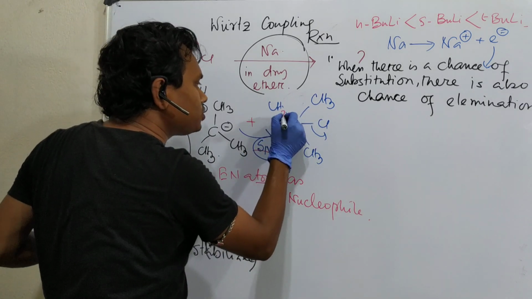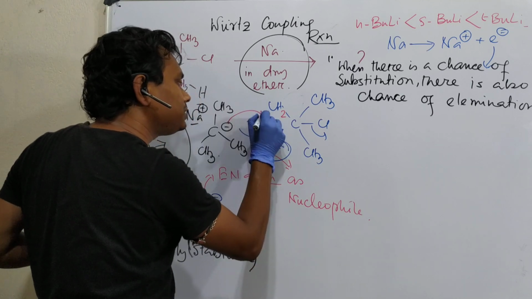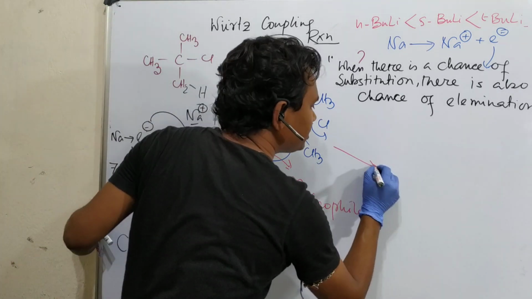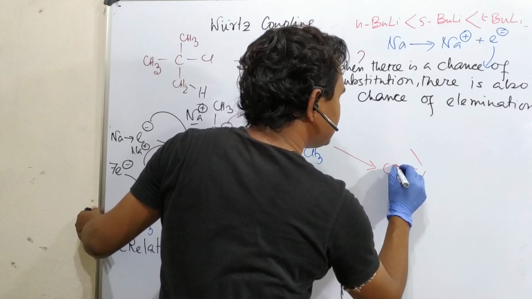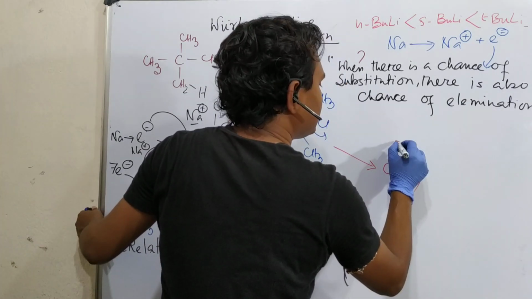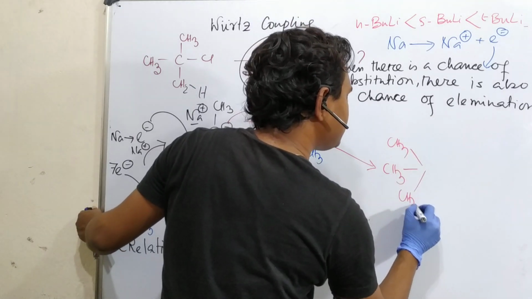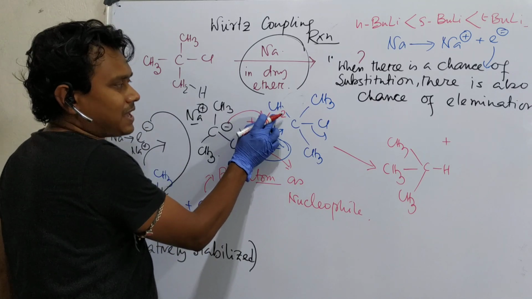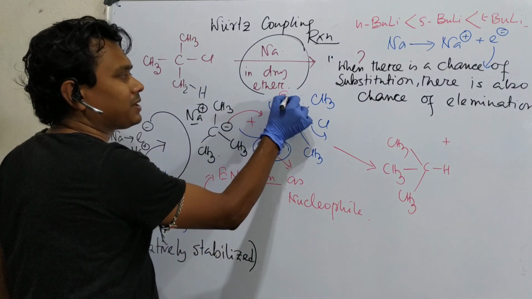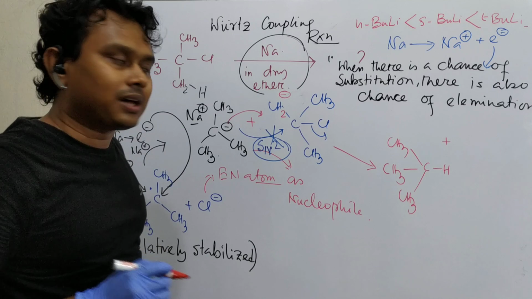See, this could be a CH2H and this could be, now, and ultimately what will it result in? It will result in this CH3, this CH3, CH3, CH plus C. After abstraction, what will it result in? It's a carbanion. And now consider the E1CB pathway.